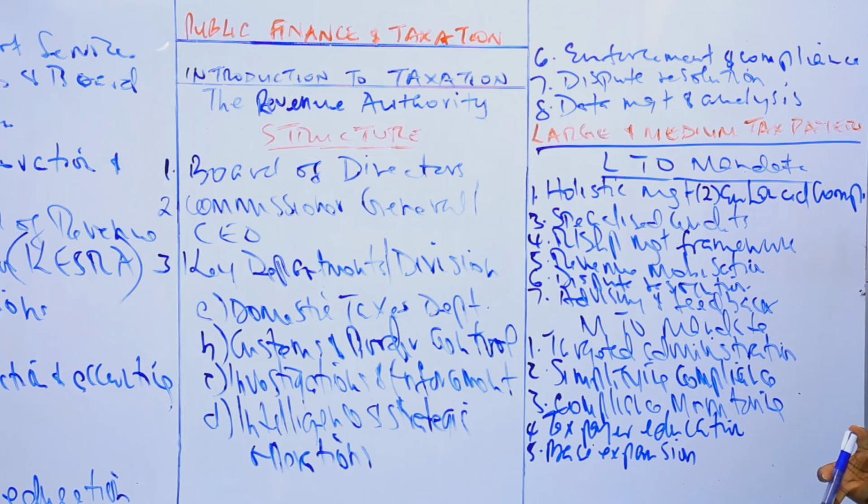The 2 are crucial for KRA's revenue mobilization strategy. The 2 allow the authority to deploy resources and expertise efficiently to manage the different taxpayer segments based on their revenue contribution and compliance complexity.